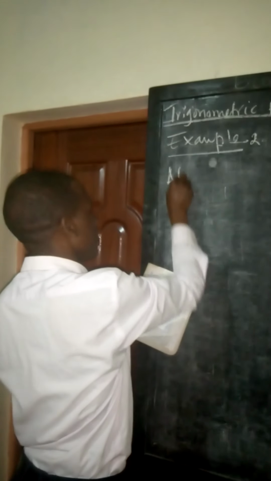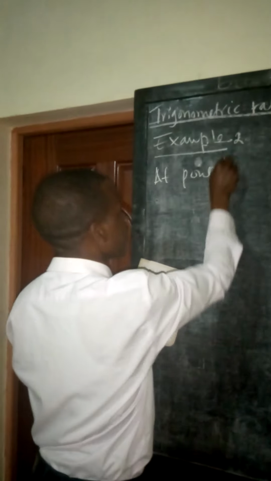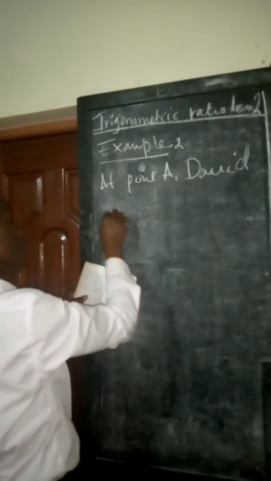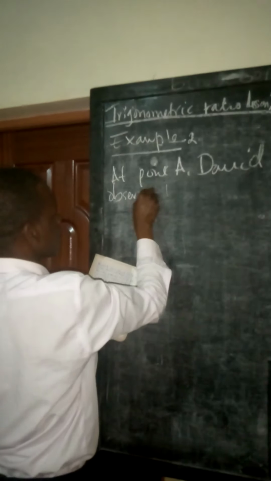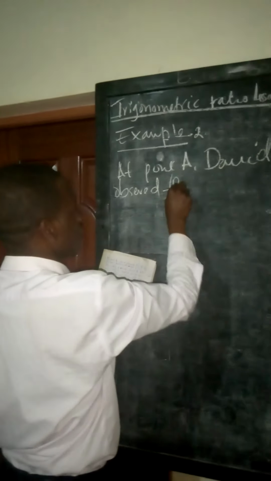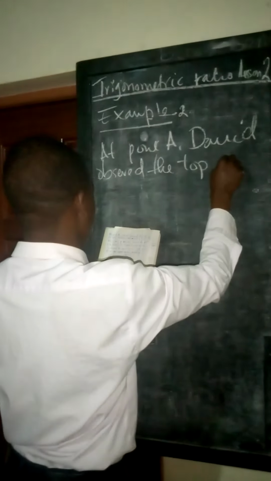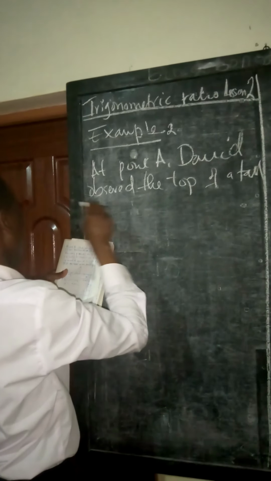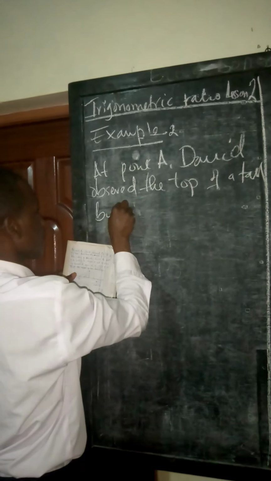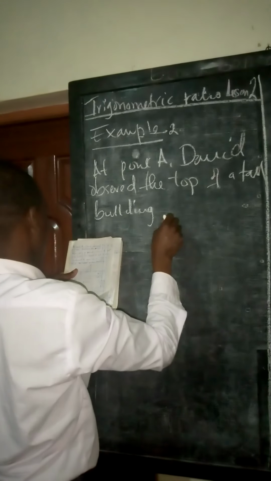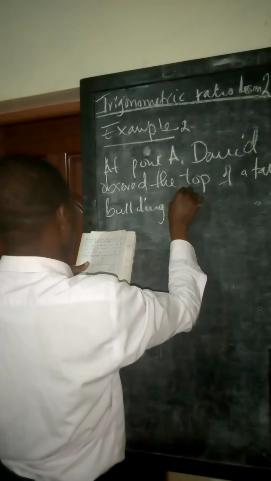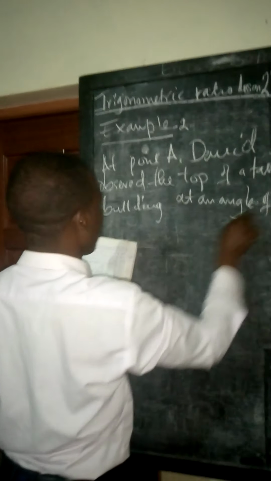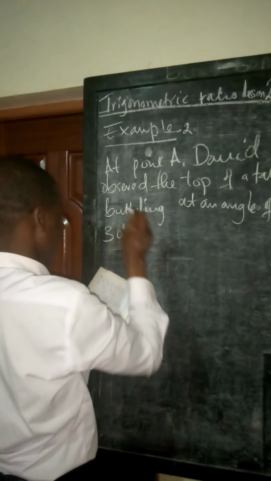We have at the point A, David, you can call him Kamau if you want, or any other name. Observe the top of a tall building at an angle of 30 degrees.